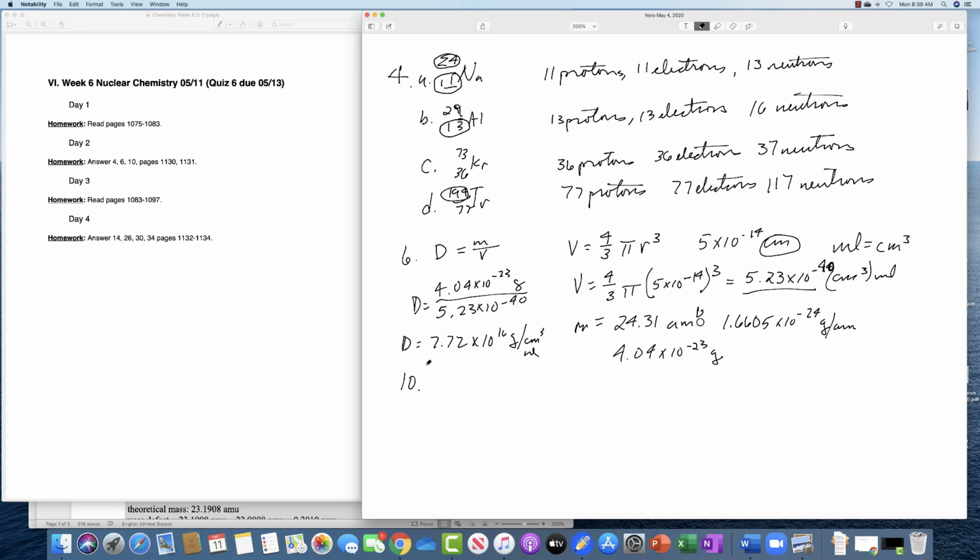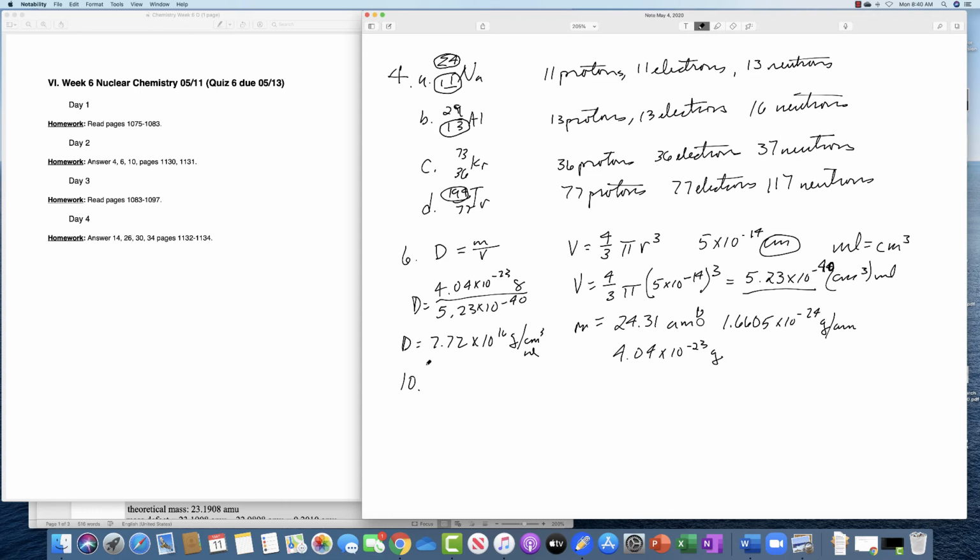So 88 and 138 just makes it in the band of stability, but it's radioactive. And then the last one was magnesium 24. That's actually the normal form of magnesium, so it's obviously within the band of stability.